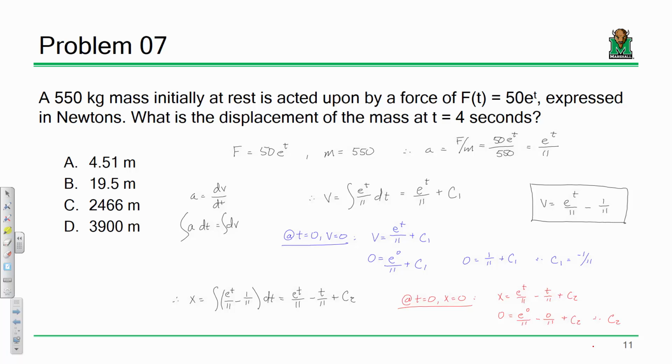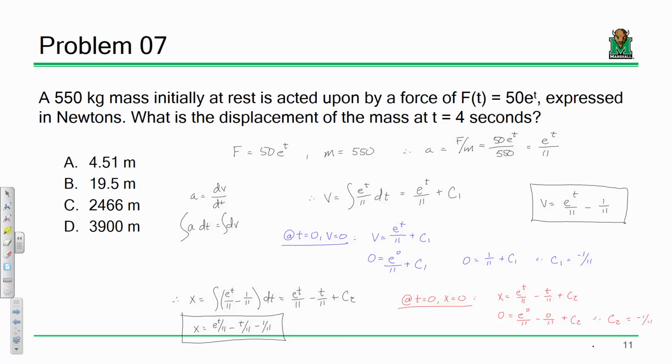So what's c2? Negative 1 over 11. So x equals e to the t over 11 minus t over 11 minus 1 over 11.